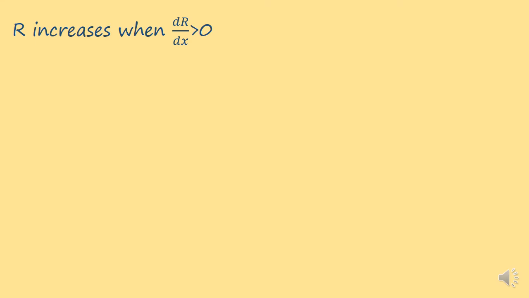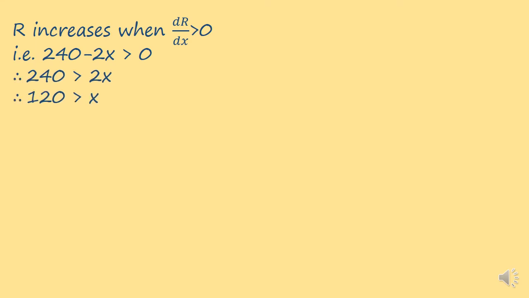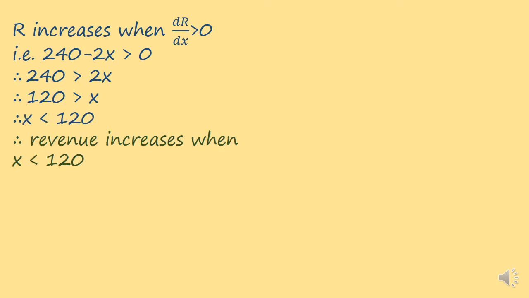That means dR by dx is greater than 0, or 240 minus 2x is greater than 0. We solve it this way, and thus we get 120 greater than x, or x less than 120. So we say that revenue increases when the number of items is less than 120.